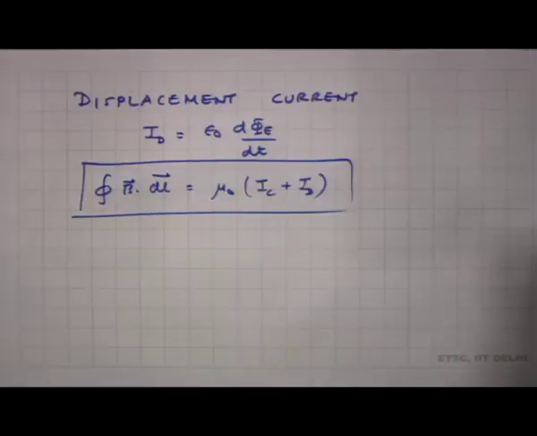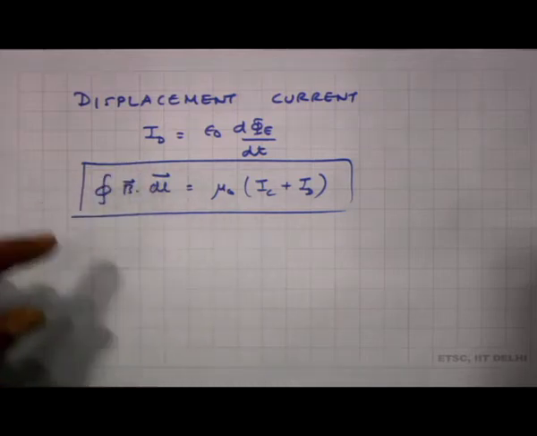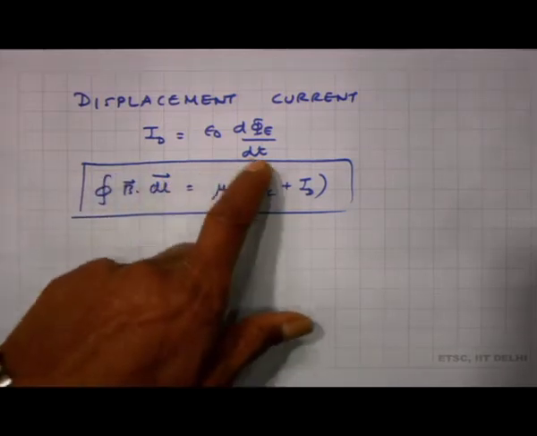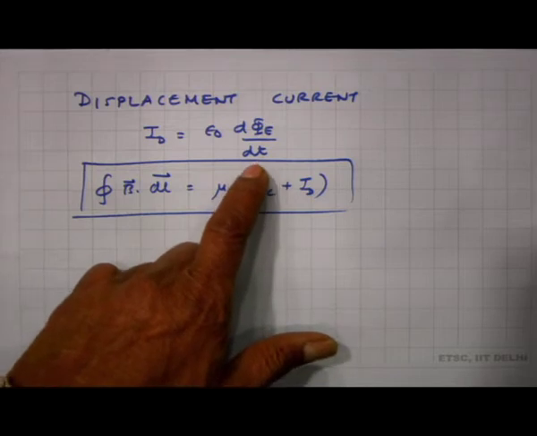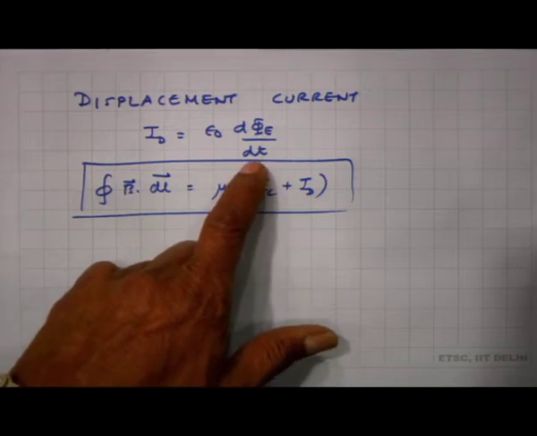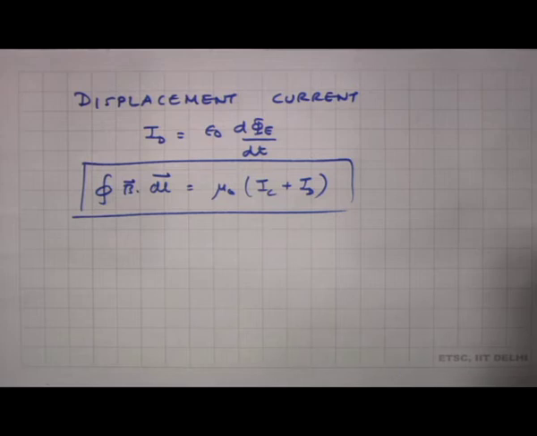He modified Ampere's law to introduce this displacement current term, which is related to the rate of change of electric flux through the surface. Now, I must mention here that there is no displacement taking place, it is just a definition. In free space there is no displacement, yet it is still called a displacement current. Using this law, I can calculate using any particular surface.